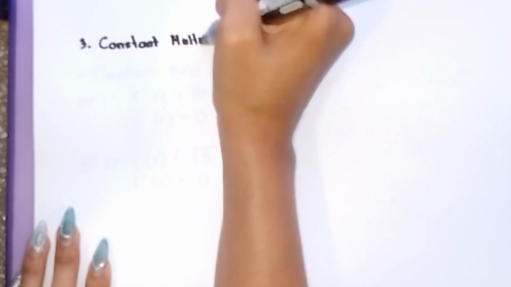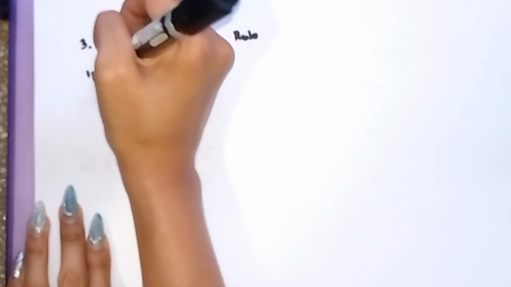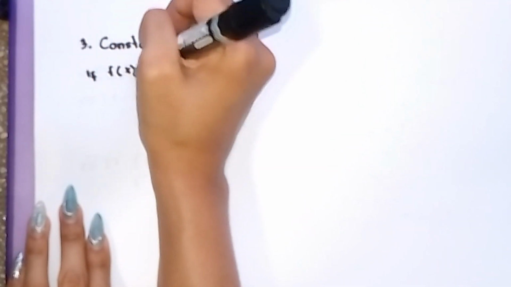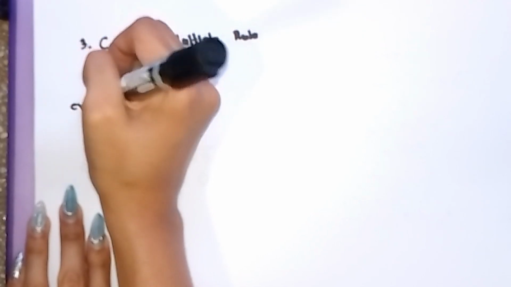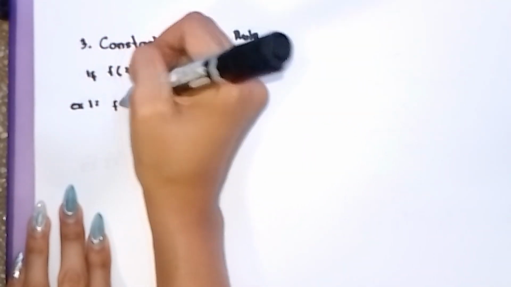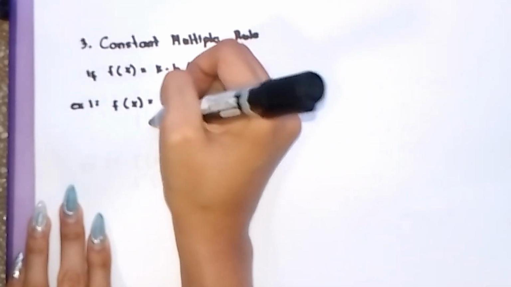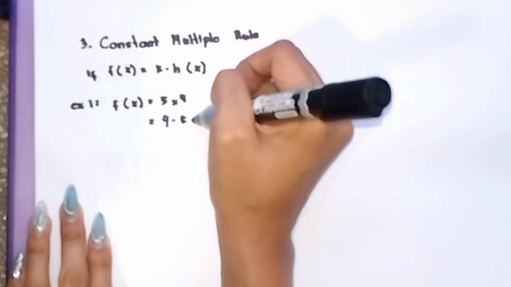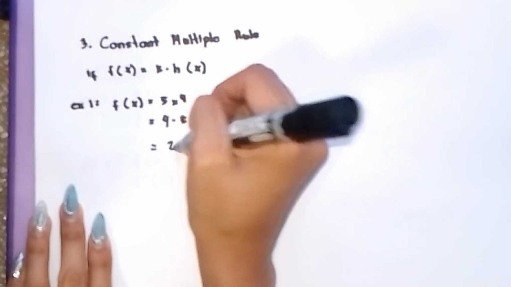Let us now move to the third differentiation rule, which is the constant multiple rule. So f of x equals k times h of x. For example, f of x is equal to 5x raised to 4. In here, you need to multiply 4 to the constant, which is 5.